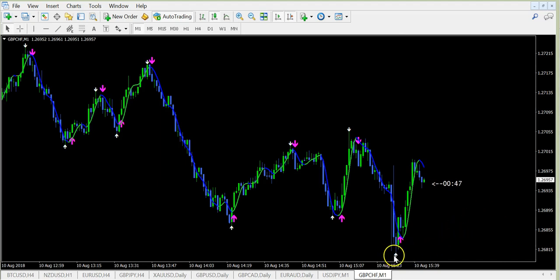So the white arrow can repaint in the way that it shows. Maybe you will see 1, and then a 2nd, and then a 3rd maybe. But these are all warnings, alerts that non-stop inform you that a possible change of direction is possible.